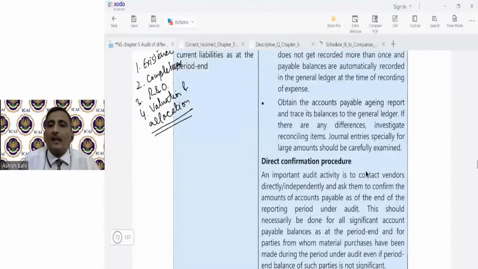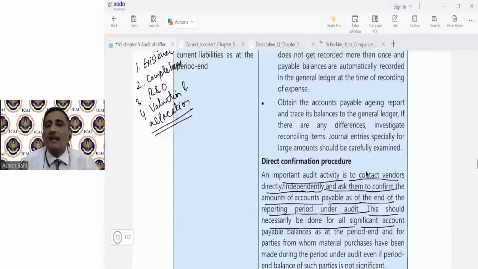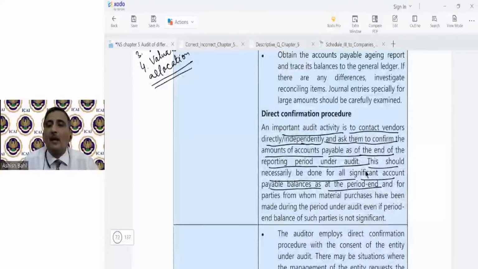So an important audit activity is to conduct vendors' confirmation directly and independently, and ask them to confirm the amount of the accounts payable as at the end of the reporting period under audit. This should be done for all significant account payable balances as at the period end, and from the parties from whom material purchases have been made during the period under audit, even if the end period balance is not significant.